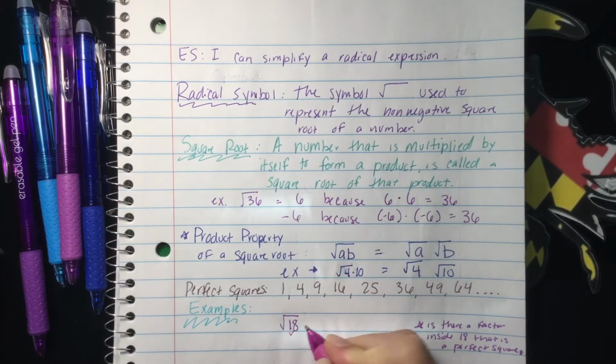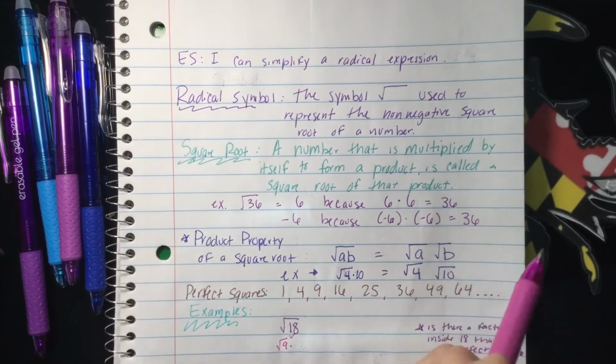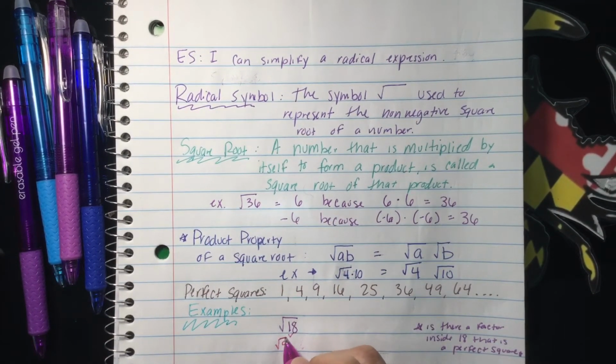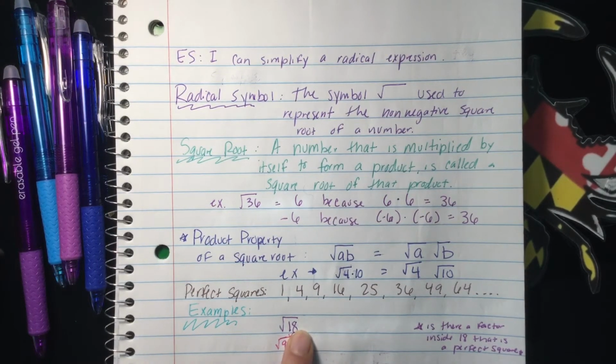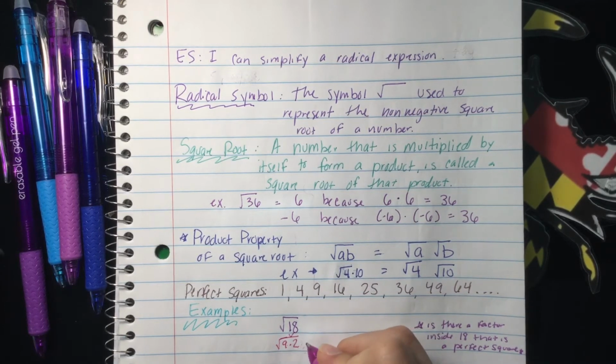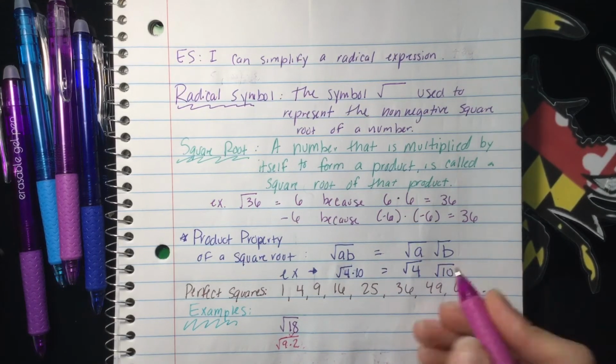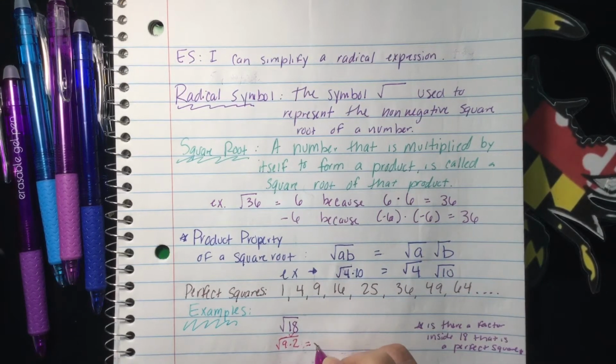So I'm going to break that into the square root of 9 times the square root of 2, because 9 times 2 is 18. I'm going to do my product property first. So I know the square root of 18 equals the square root of 9 times 2. Okay, and using my product property of a square root, I can break these up. So that equals the square root of 9 times the square root of 2.